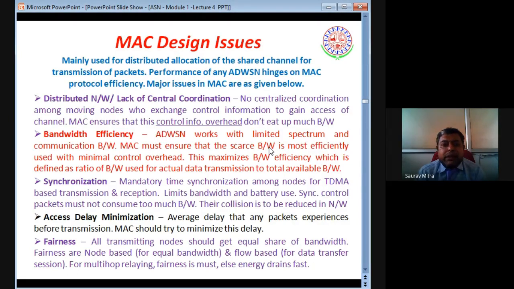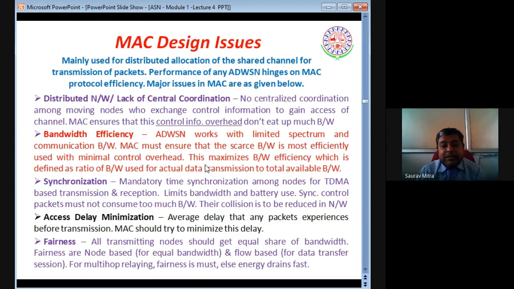If you are deploying 20 nodes, each node will have a bandwidth of B by 20 hertz. If you are deploying 100 nodes, each node will have a bandwidth of B by 100 hertz. So it is up to us whether we want to deploy a very big sensor network with a large number of sensors, or a smaller number of sensors.